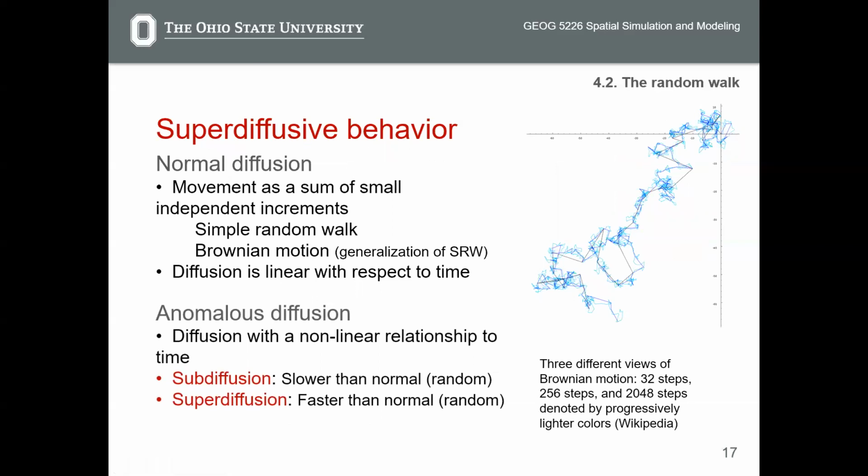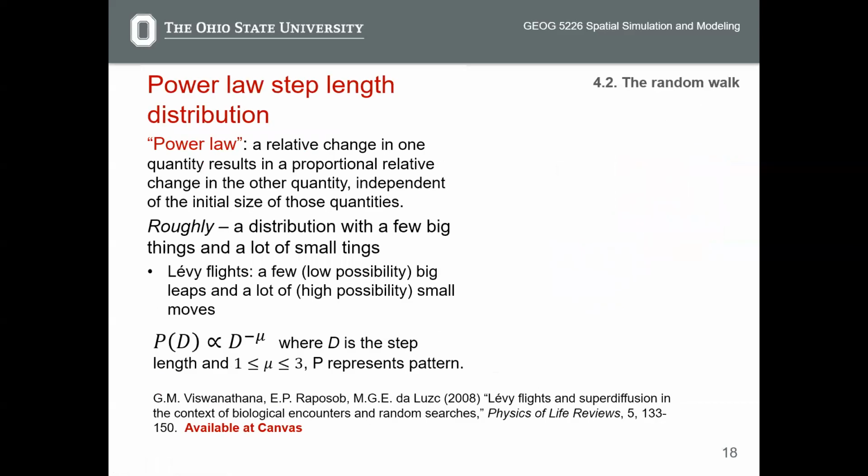And there is another feature for Levy flights. It follows a power law step length distribution. What is power law? A relative change in one quantity results in a proportional relative change in the other quantity, independent of the initial size of those quantities. Roughly speaking, it's a distribution with a few big things and a lot of small things.